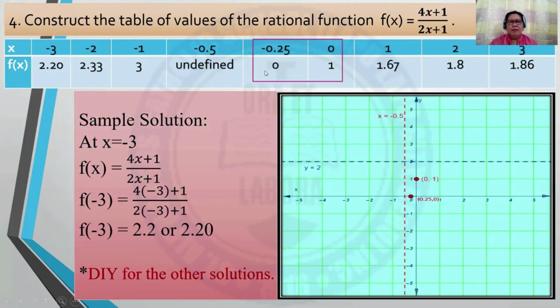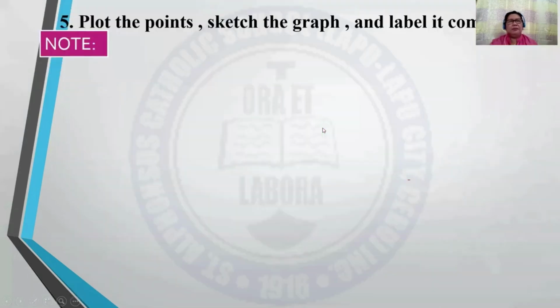As you can see, you can also include in the table of values the important points, the x-intercept as well as the y-intercept. Next, you have to plot the points, sketch the graph, and label it completely.